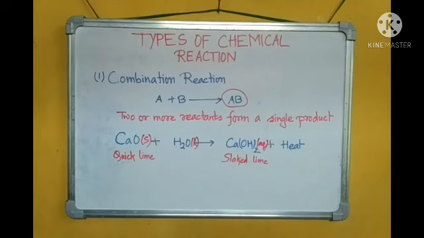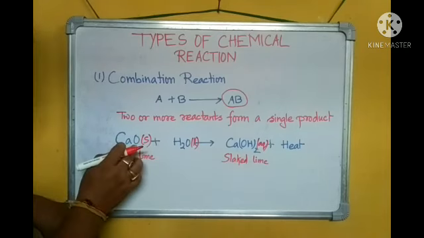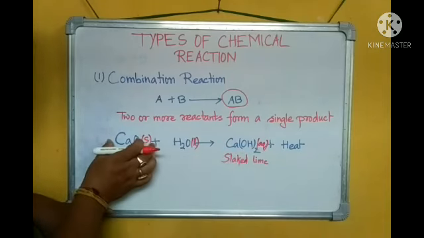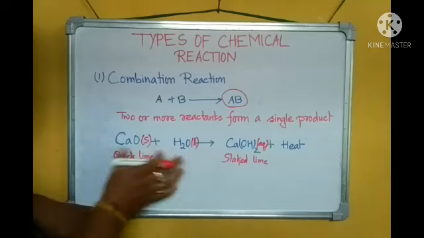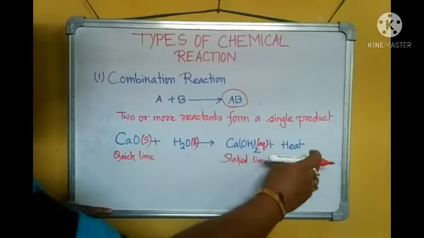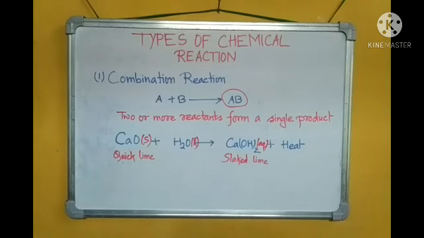So what we can see in this reaction is that calcium oxide is reacting with water to give calcium hydroxide. So 2 reactants, calcium oxide and water, are reacting to form calcium hydroxide. And in this process heat also evolves. That is, the temperature of the solution will increase.